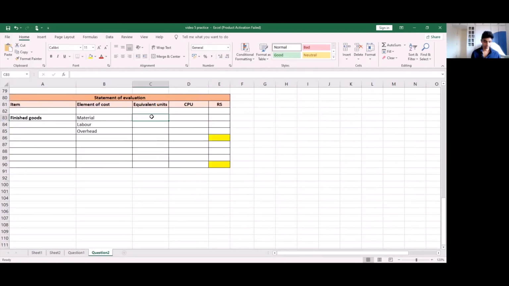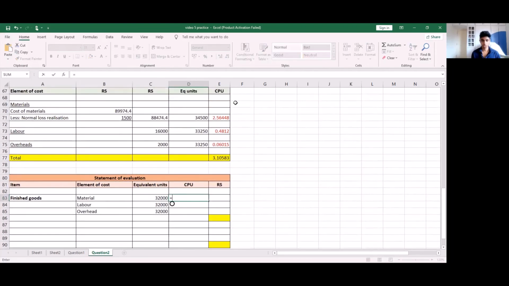So we will write 32,000 in all three cells. Cost per unit we will copy from our statement of equivalent cost per unit. And we will multiply our equivalent units with our cost per unit to find the total costs. We will do the same for labor and overheads, and finally add the three to find our total amount for finished goods.